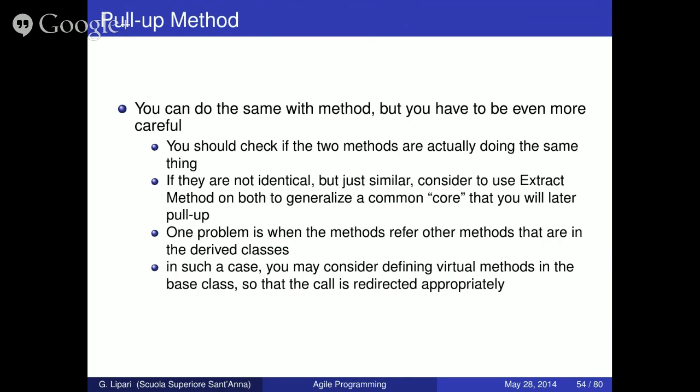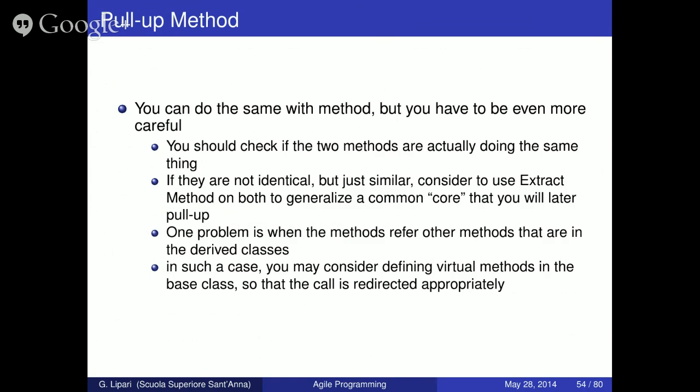So pull-up method, it's the same as field, but you have to be more careful. First of all, you have to actually check if the two methods are doing the same thing. If they are not identical but just similar, you may consider to first do extract method to generalize a common core and later pull up the common core. Now the problem is when the methods refer to other methods that are in the derived classes.